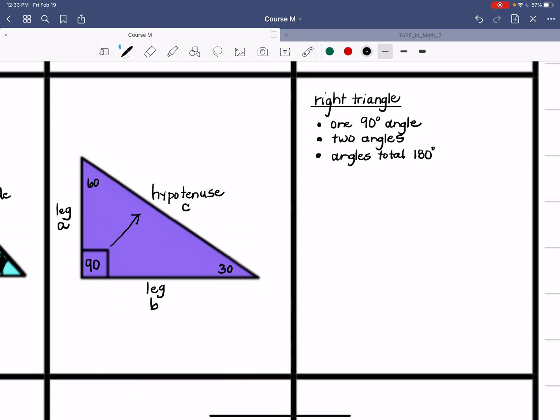So when you talk about a right triangle, you have to know about the hypotenuse, which we will call C, and the legs of the right triangle are A and B. The legs are hooked on to that 90-degree angle. The legs make the 90 degrees. The hypotenuse is the side across from that.